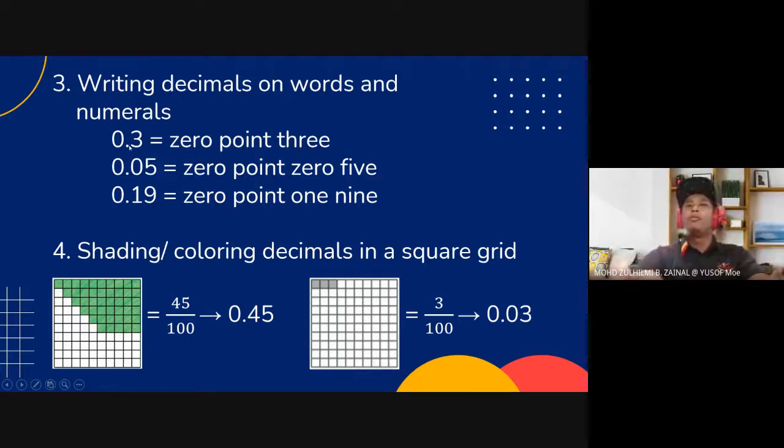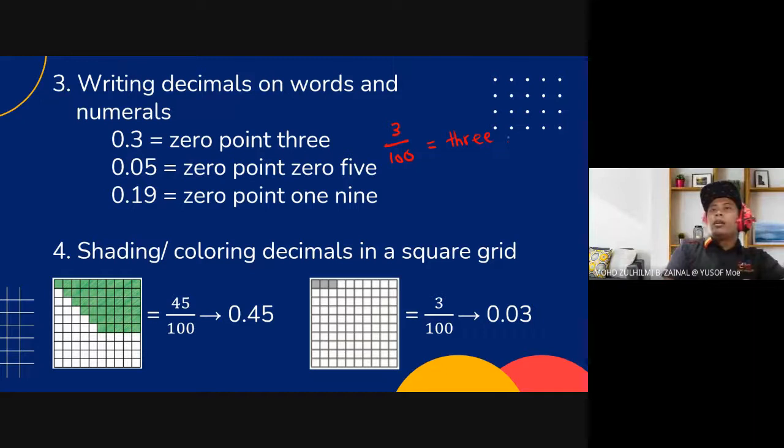Remember, the number should be spelled one by one, pronounced one by one, the number 0.05, 0.19, not 0.19, salah. Kalau fractions of hundreds, kalau over hundreds, for example 3 of hundreds. Macam mana eja dia? 3 of 100. Macam tu lah.